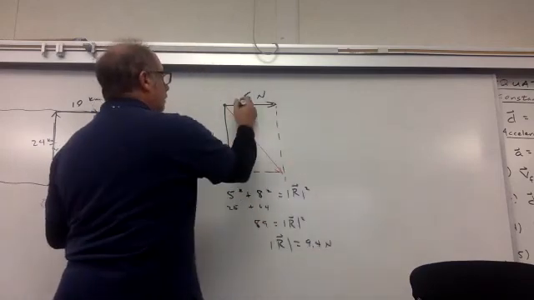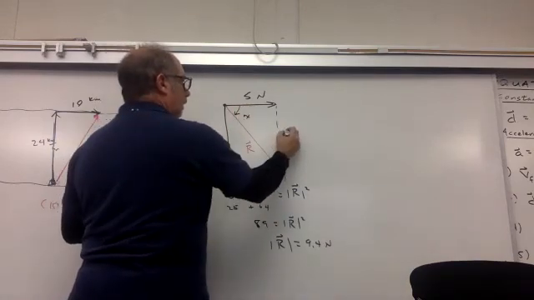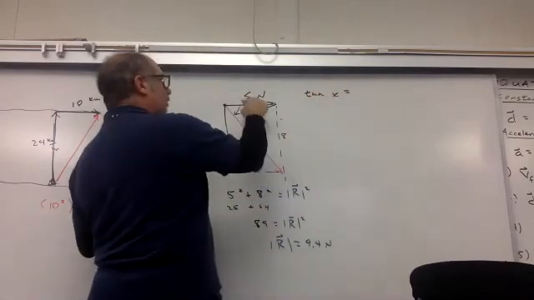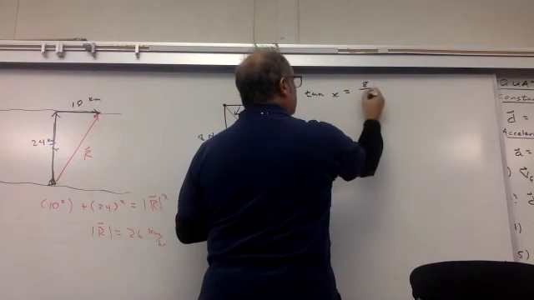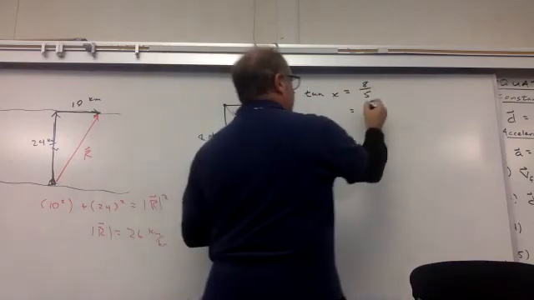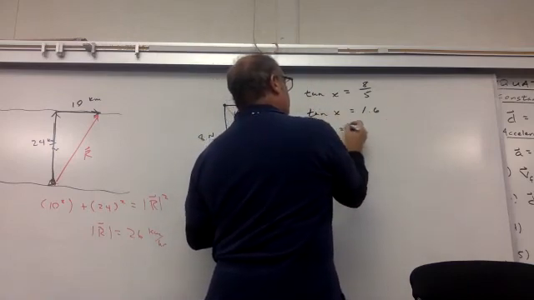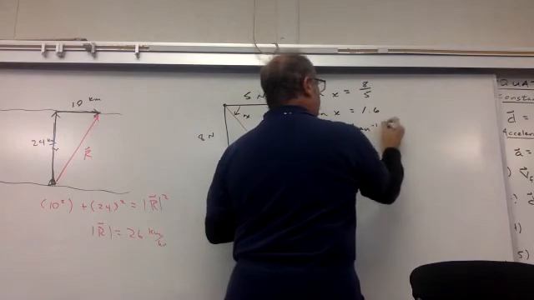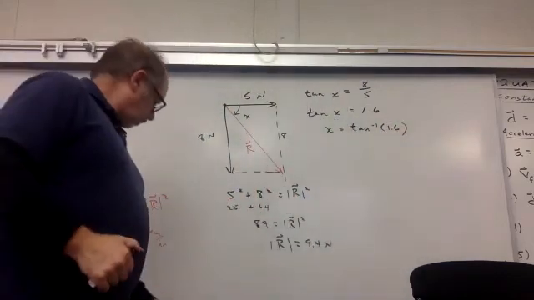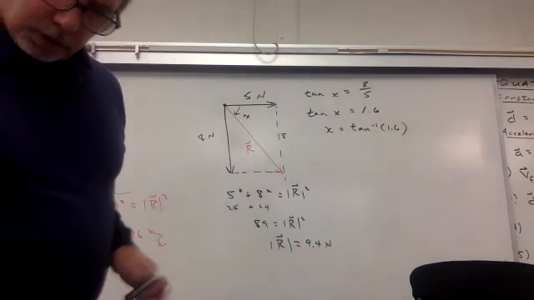That's my magnitude. I need an angle. Take that angle there, X. The tangent is equal to opposite over adjacent, 8 over 5. 8 divided by 5 is 1.6. X is equal to the inverse tangent of 1.6, which my calculator says is 58.